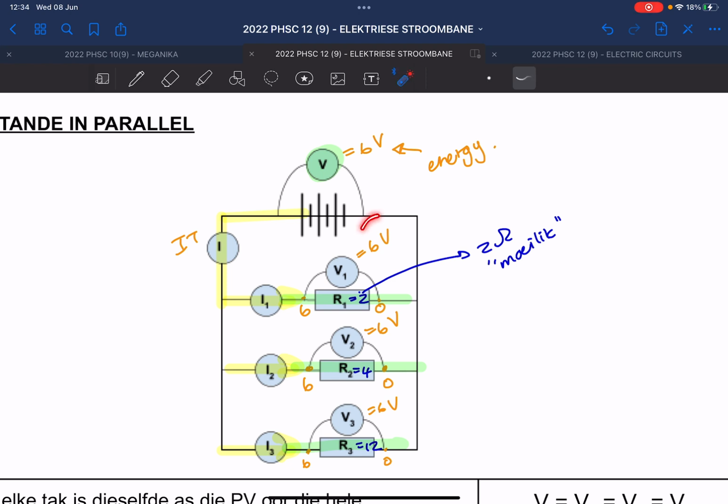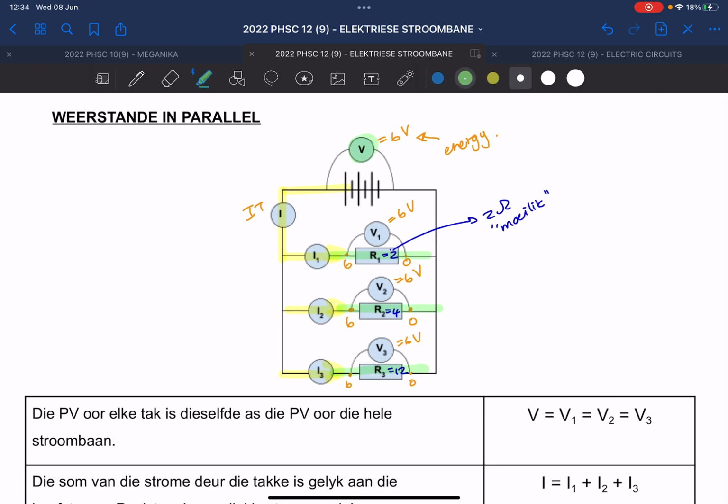So it's not 6 plus 6 plus 6 gives you 18. Okay, dis nie jy tel hulle nie by mekaar nie. Die volts in parallel is dieselfde. En dis is different mannetjies, verskillende mannetjies. Okay, so we can see here that the volts over each branch is the same.